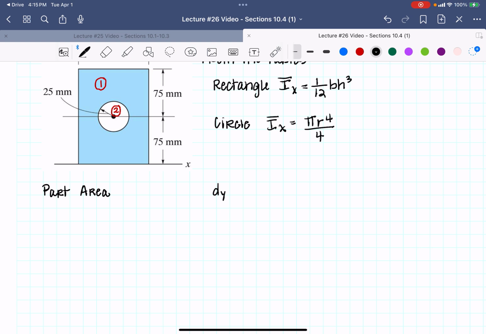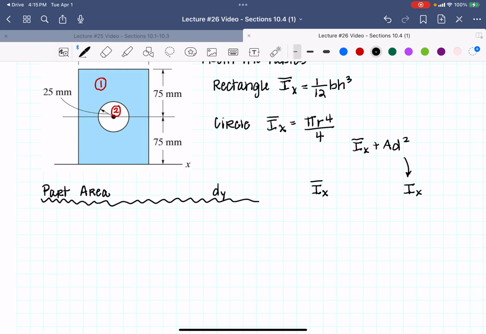And then I am going to calculate I bar of x using our information from the tables. And I'm going to get the actual I of x by using my parallel axis theorem, which is I bar of x plus A d squared. That's going to be my final answer. So this is what I'm going to need for my table to get all my information.